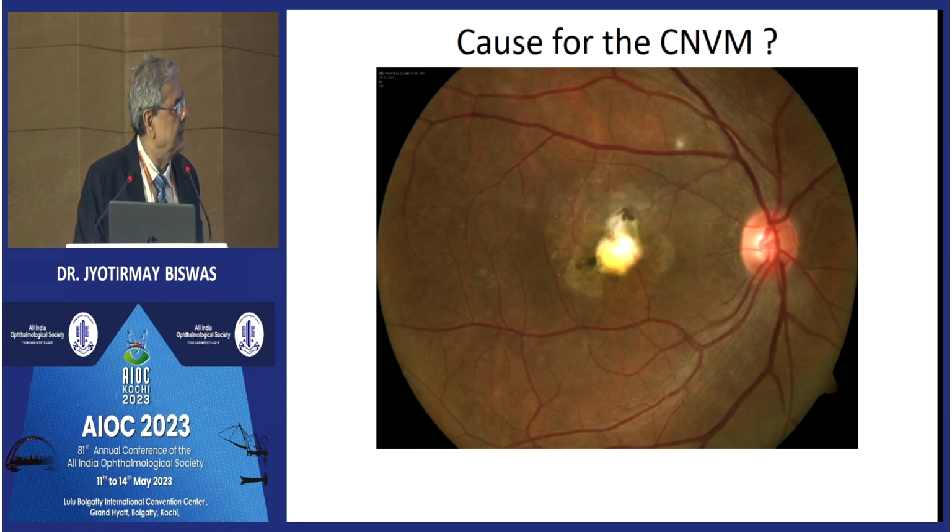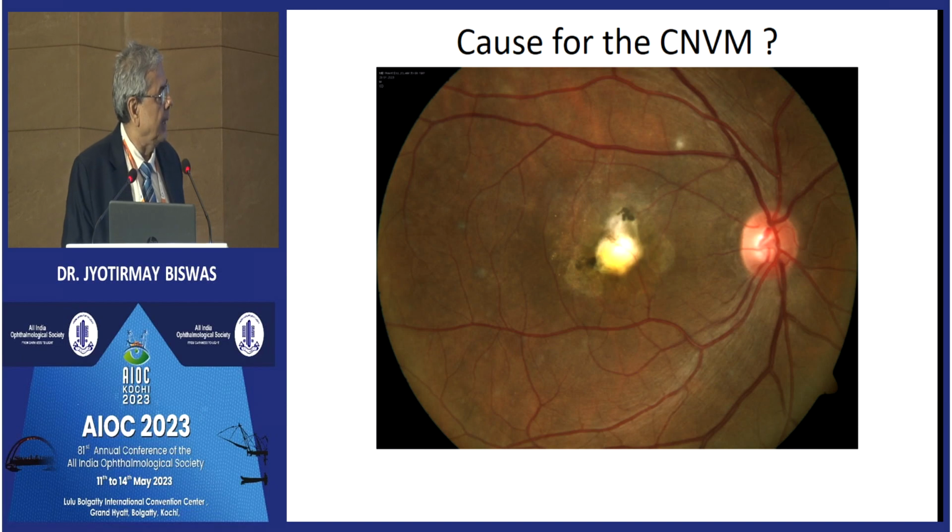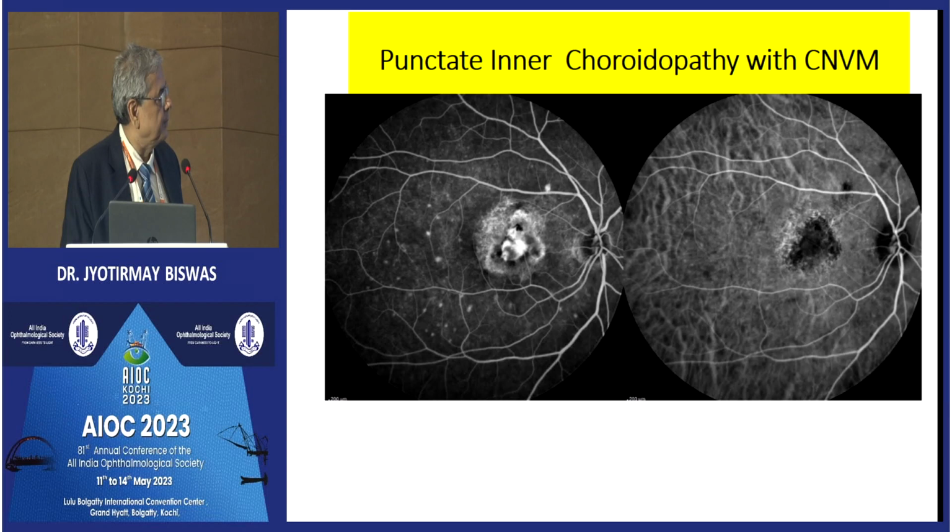This patient came with a suspected CNVM with a scar over the macular area. What is the cause of the CNVM with an apparently normal fundus otherwise? If you do a fundus fluorescein angiogram, you will see punctate hyperfluorescence suggestive of PIC. You may not do much in this case, but you can get a diagnosis of punctate inner choroidopathy.